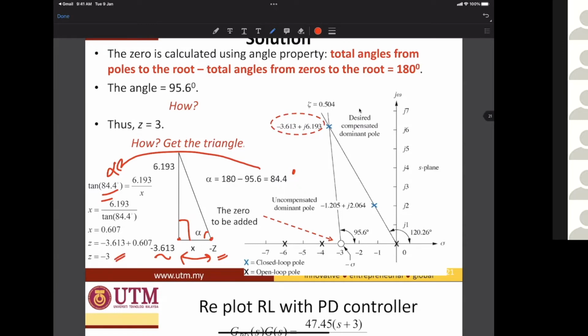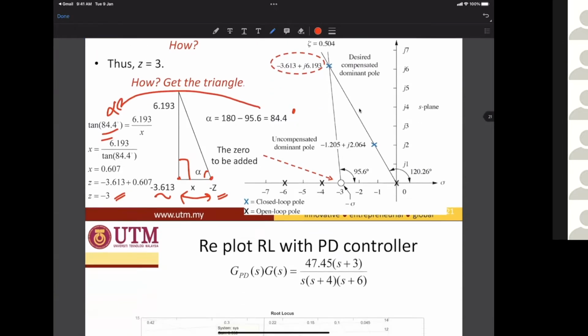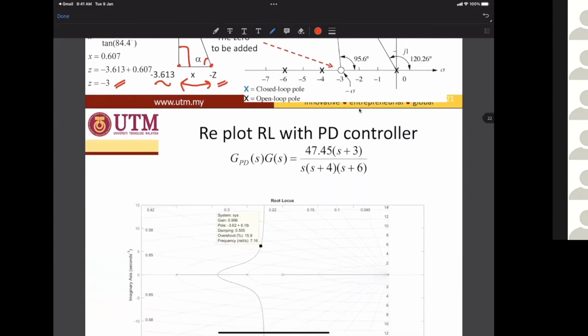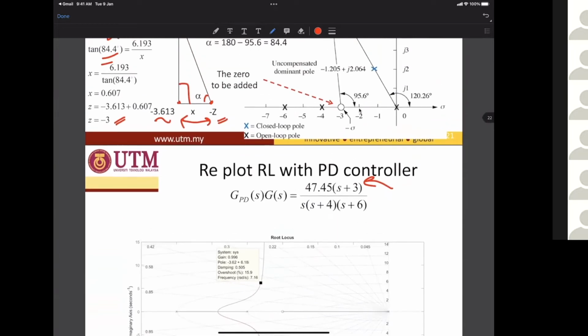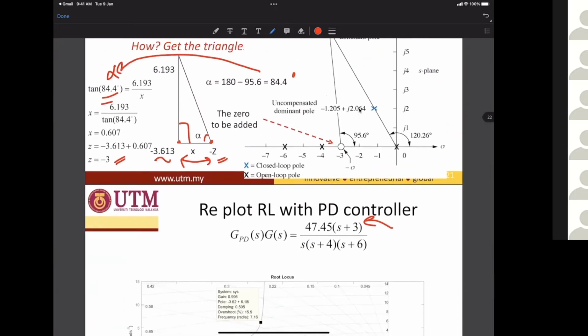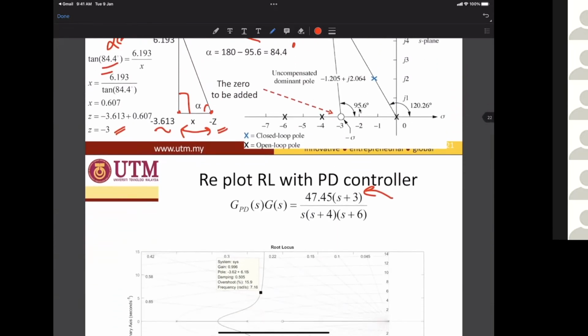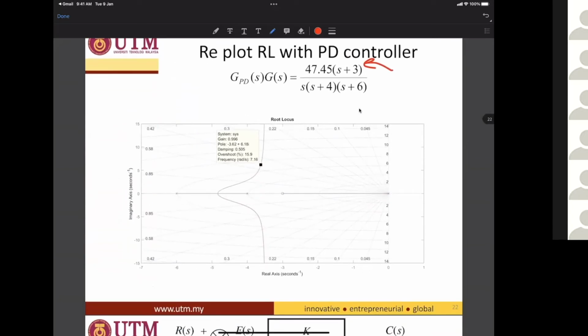Okay, the PD value, the zeros value of the PD controller, which is this one. Okay, and the gain is 47.5. Okay, 47.5. Right, and then it will change the root locus to this shape.